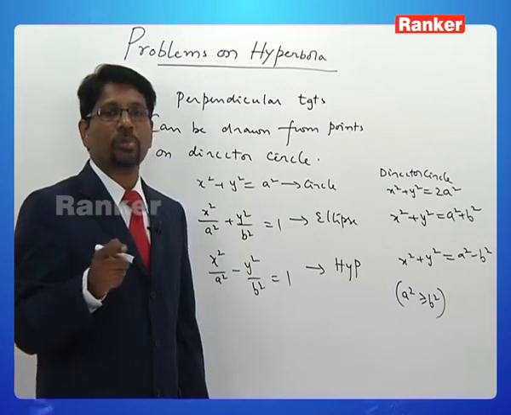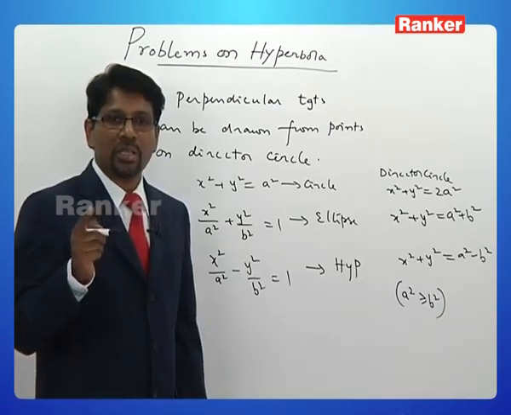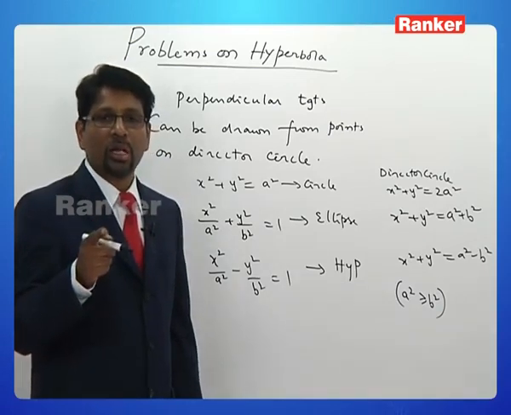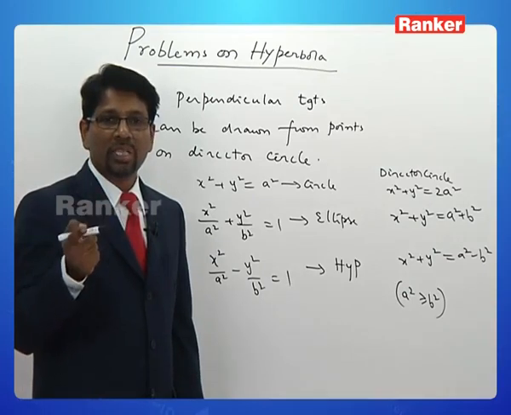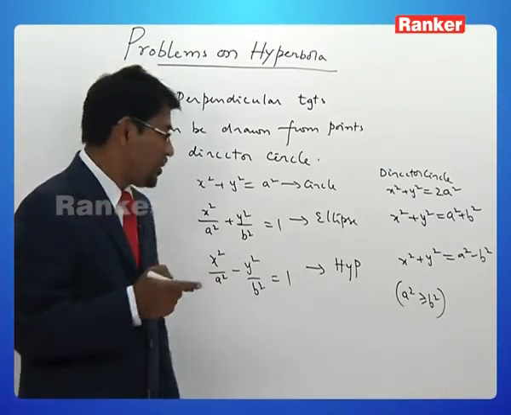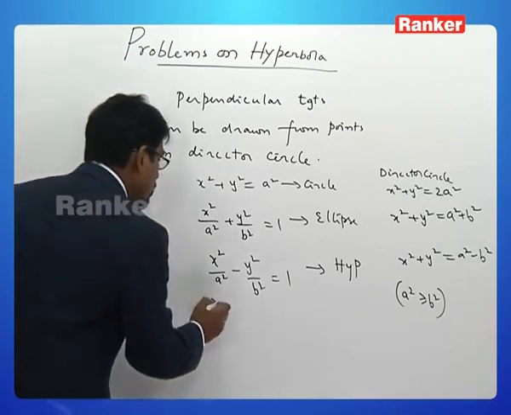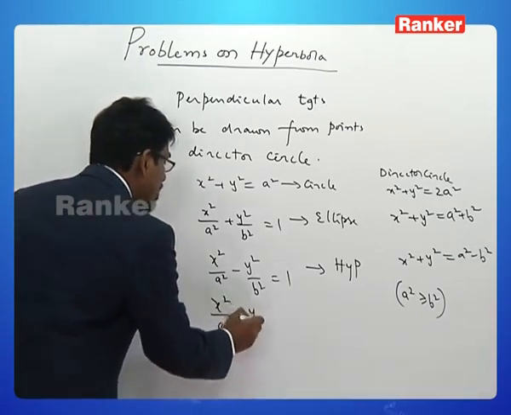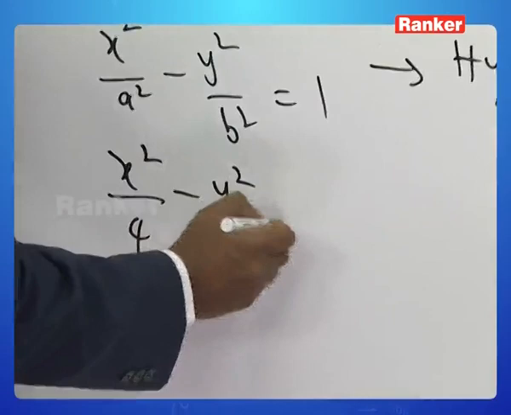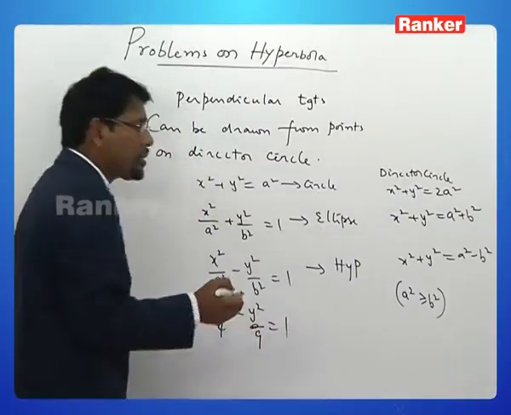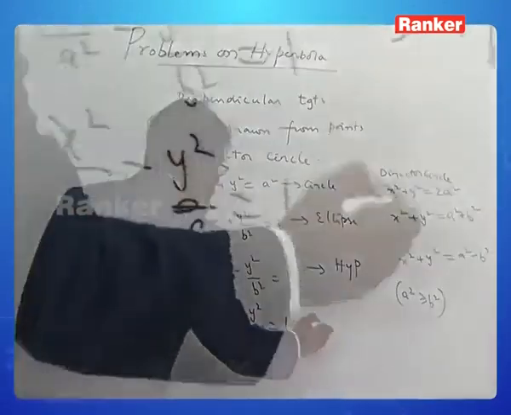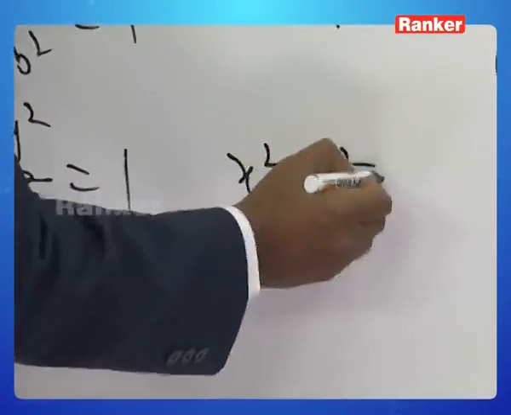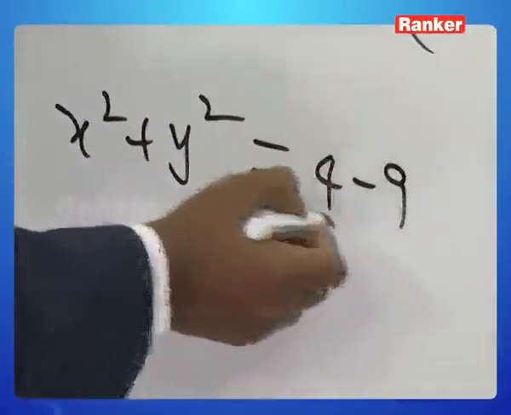And for the fourth option, we observe that a square is less than b square, therefore there will not be any real director circle. So for the hyperbola x square by 4 minus y square by 9 equal to 1, the director circle would be x square plus y square equal to 4 minus 9, which is impossible.